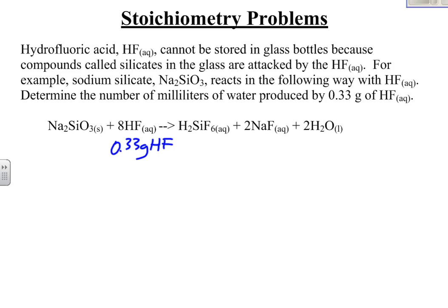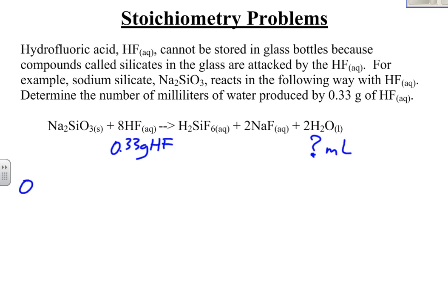We aren't told anything about the sodium silicate, so we must be assuming that that's in excess, which would make sense. If this were stored in a bottle, there would be excessive amounts of the sodium silicate. It wants us to determine the milliliters of water produced by the complete reaction of the 0.33 grams of hydrofluoric acid.